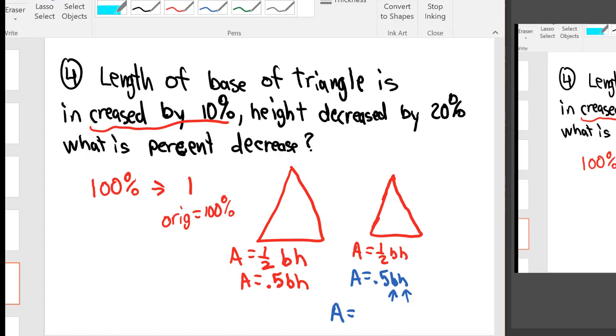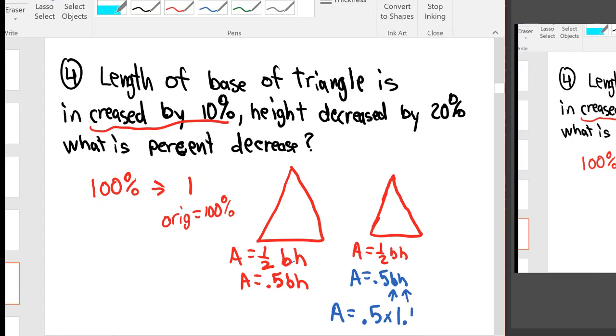So the base was increased by 10%, which means I still have the 0.5, because it's half times base times height, times the base was increased by 10%. So it's 100%, right? At 100%, just B, and it's increased by 10%.